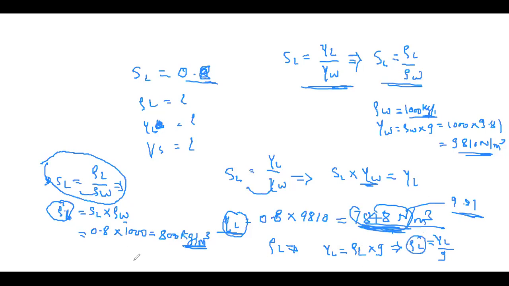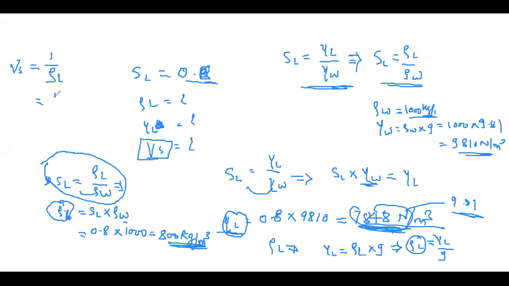Now, once you get this value of rho L, you can easily find the value of specific volume, because specific volume and mass density have a reciprocal relation. So Vs, or specific volume, is equal to 1 upon rho L, right?